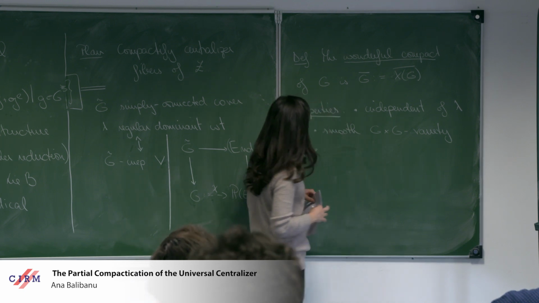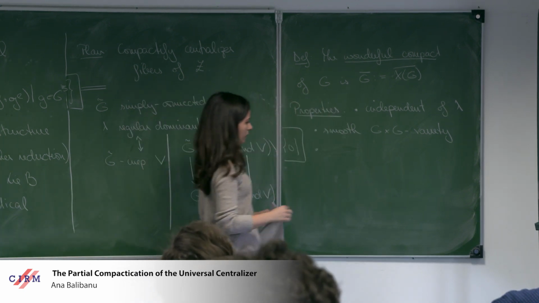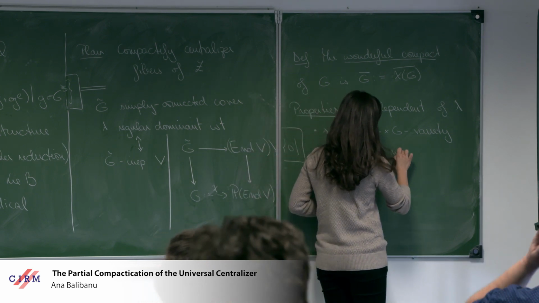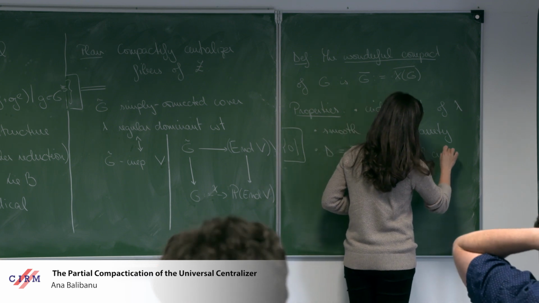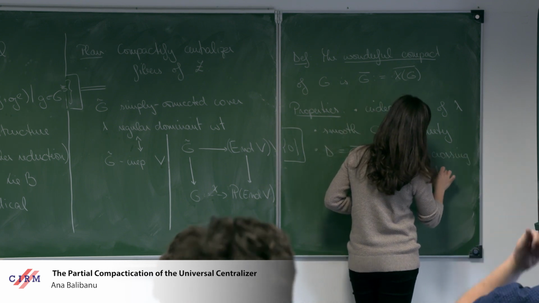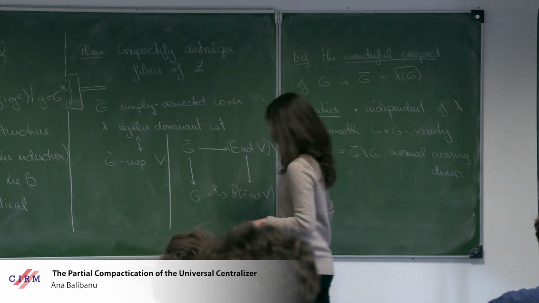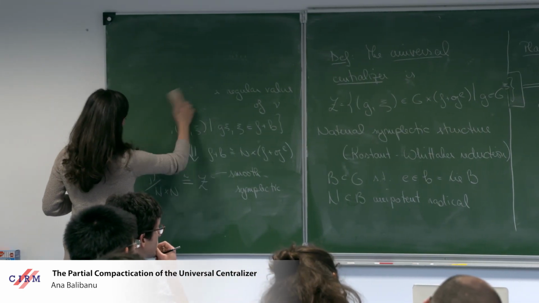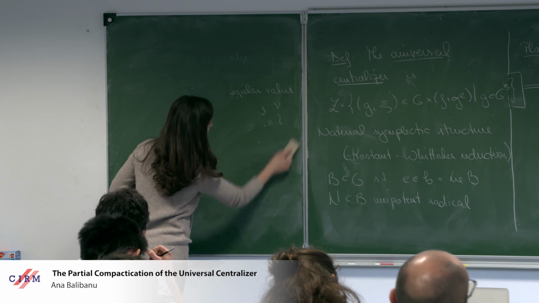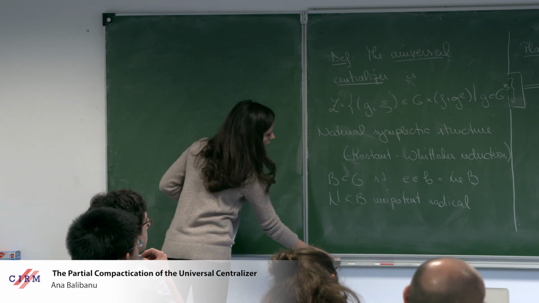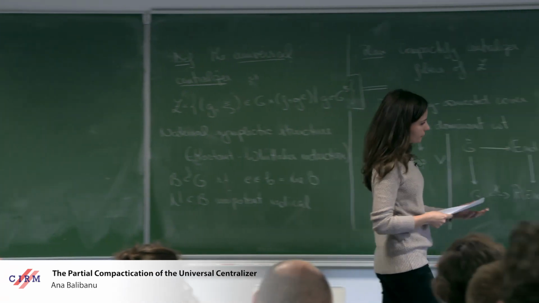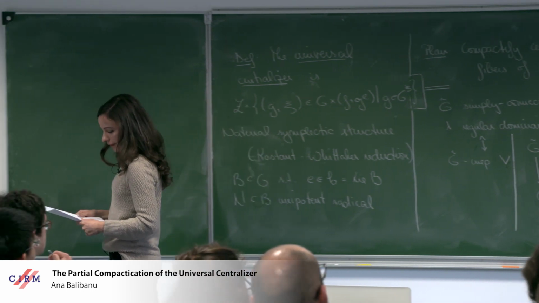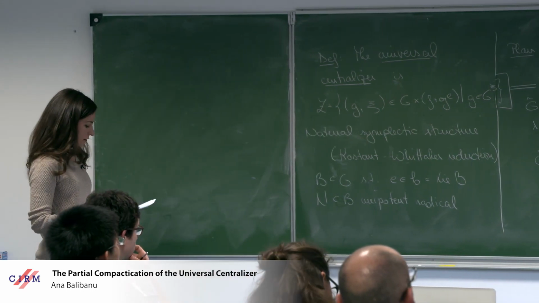Obviously, G sits inside G bar as an open dense subset, and the boundary is a normal crossing divisor. And the action of the group on this boundary breaks it down into a collection of finitely many G cross G orbits.